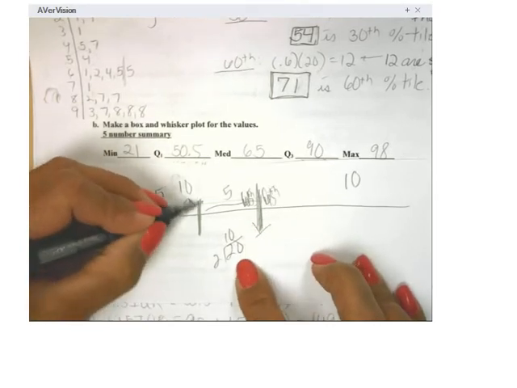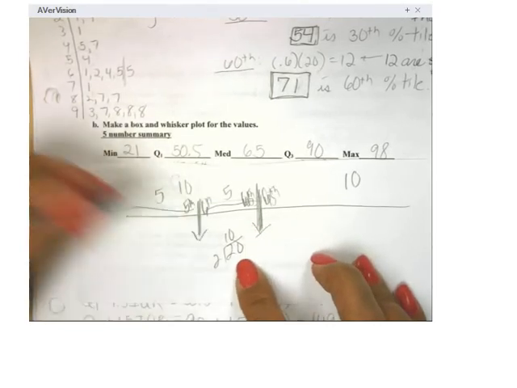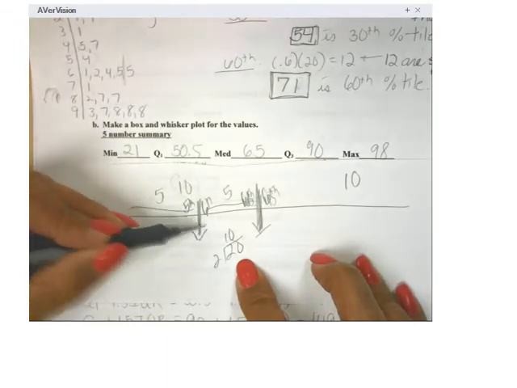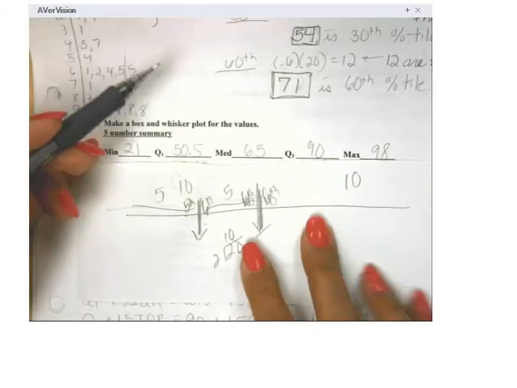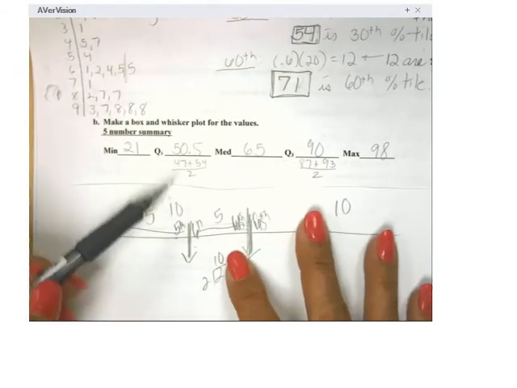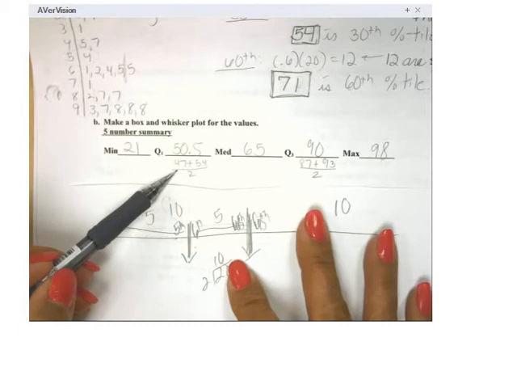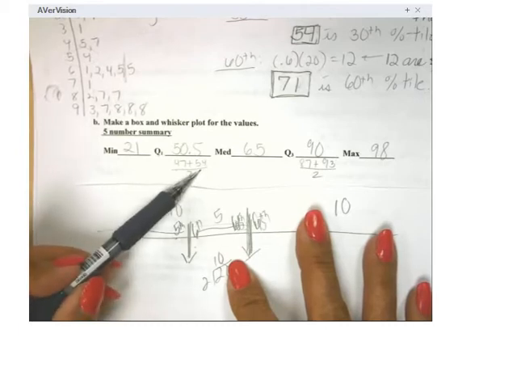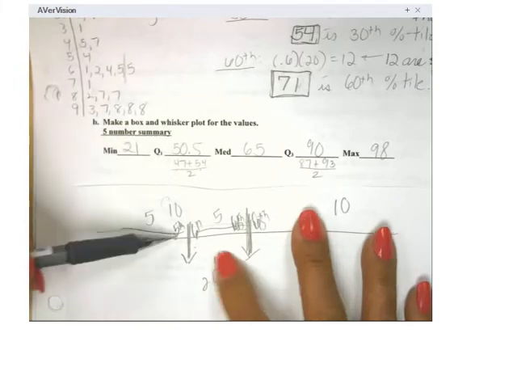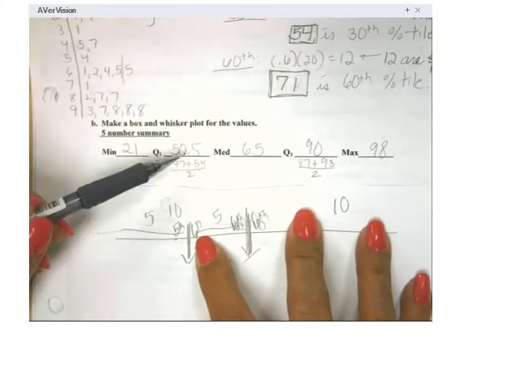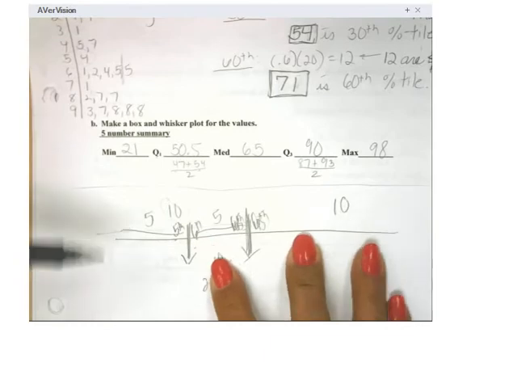I have to find this 5th number, I have to find this 6th number, and I will have to find the mean of those two to find my first quartile. And so, again, I counted, and I found that the 5th number in my list was 47, and my 6th number in the list was 54. Add them together, divide by 2 to find the mean, and that number halfway between these two is 50.5.